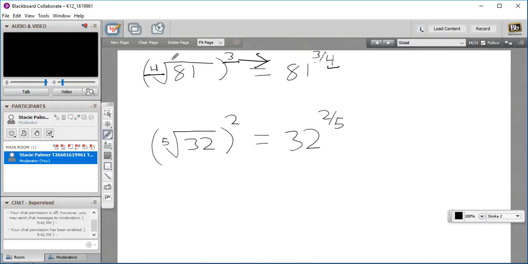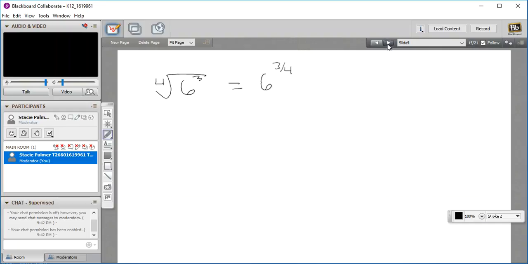So the 4th root of 81 raised to the 3rd power becomes 81 to the 3/4. Or the 5th root of 32 to the 2nd power becomes 32 to the 2/5. Okay, if we have the 4th root of 6 raised to the 3rd power, that becomes 6 to the 3/4.